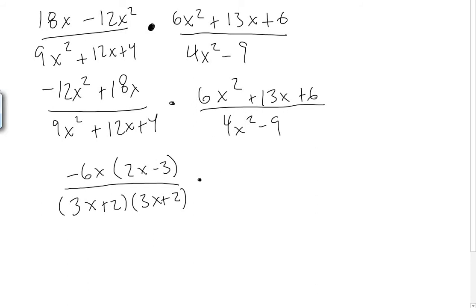6x squared plus 13x plus 6. That also might be a little bit more difficult to factor out. You just got to try a few different combinations and check factoring by grouping. If you factor 6x squared plus 13x plus 6, you're looking for the two numbers that multiply to 36, add up to 13 so that you can make change with them.